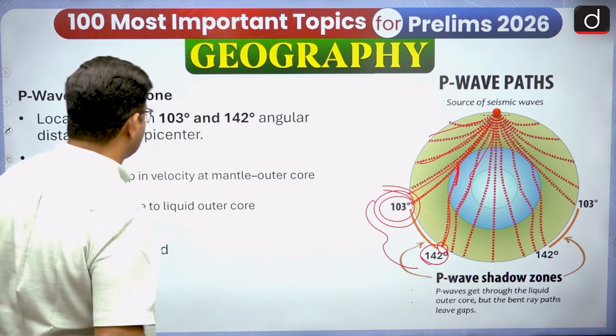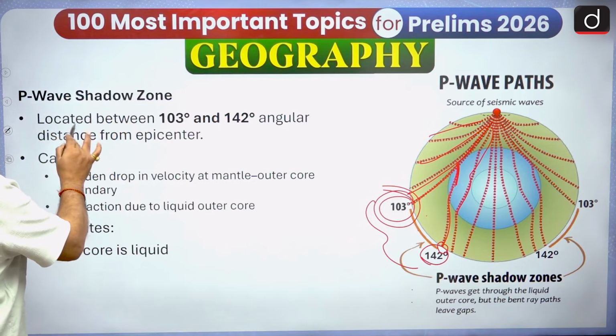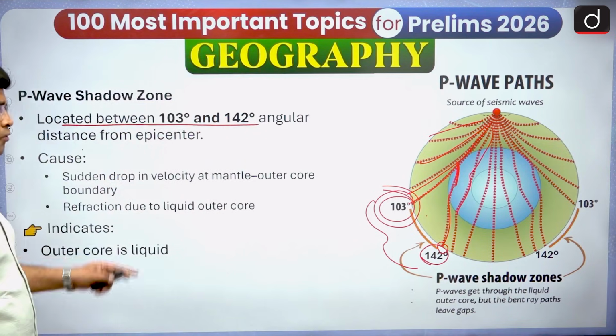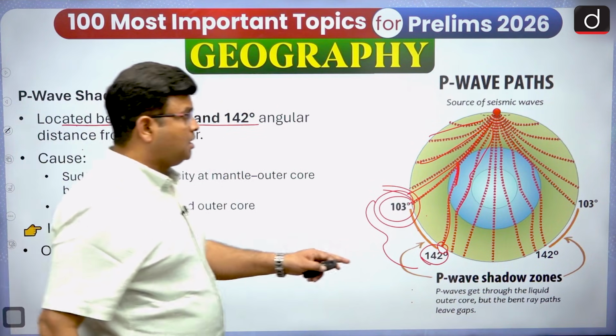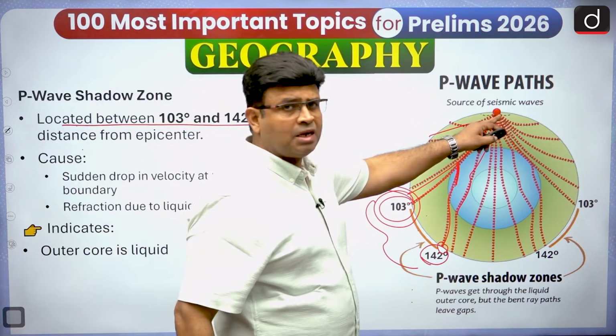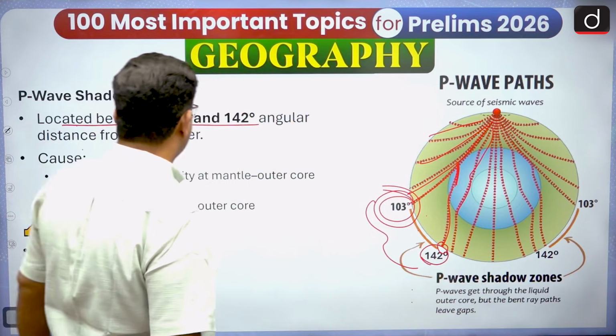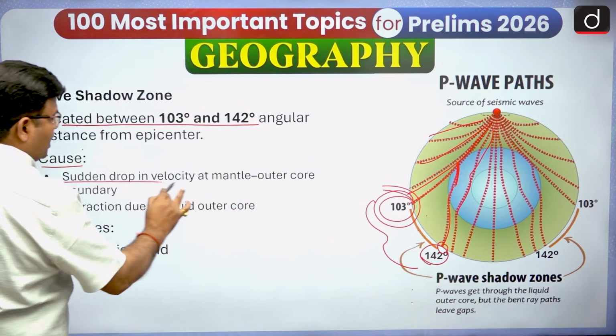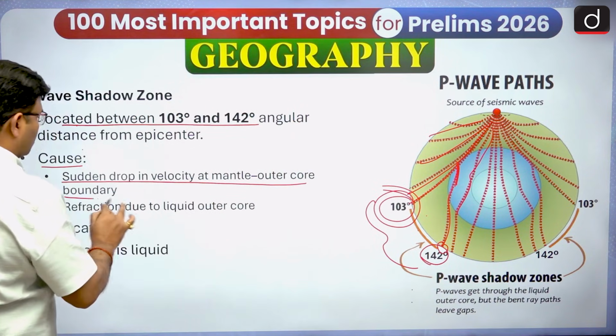So the P wave shadow zone is located between 103 to 142 degree with respect to the focus, or the epicenter of the earth. The cause is a sudden drop in velocity at the mantle and outer core boundary.